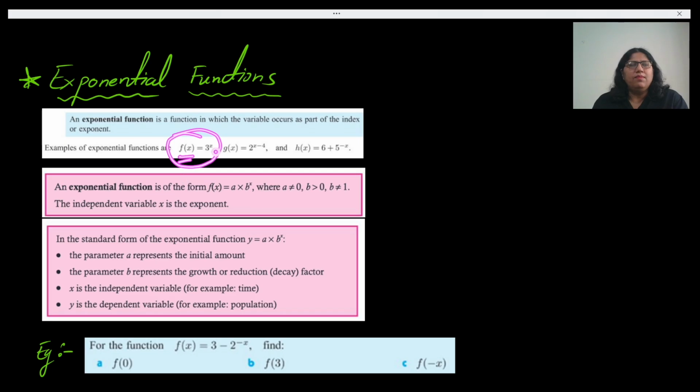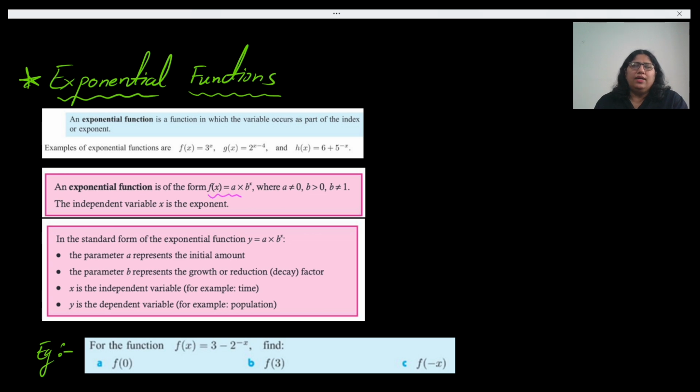So f(x) is nothing but y, and x is the power of 3, or 3 raised to the power x. Here g(x) is another function, written as 2 to the power x minus 4. Again you can see x is in the form of a power. Here you are adding 6, and it is 5 to the power minus x. Again x is there in the exponent or index form.